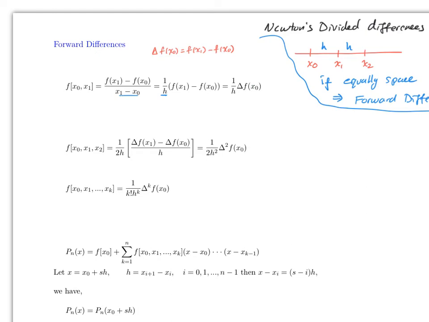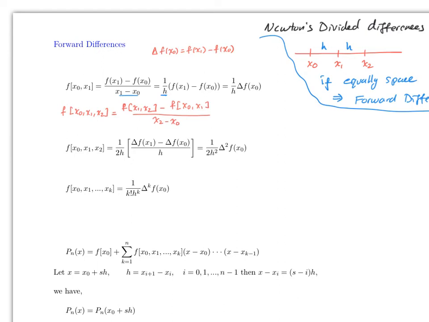Now, if you remember from the last page, the second divided difference by definition was equal to f of x1 x2 minus f of x0 x1 divided by x2 minus x0.